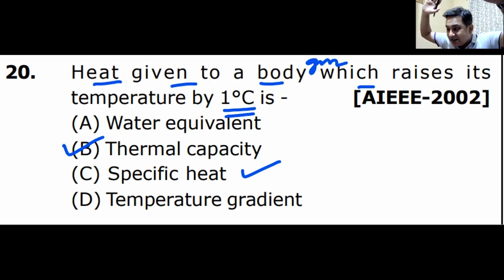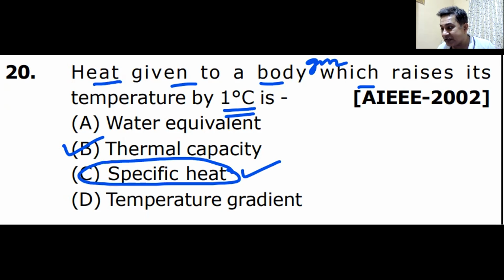Do we all understand this? A simple mistake will give you -5. You have got -5 because you did not see the gram. This only comes when it is per kg or per gram. Do we understand this? This is how you can make a mistake and then you will fall flat.